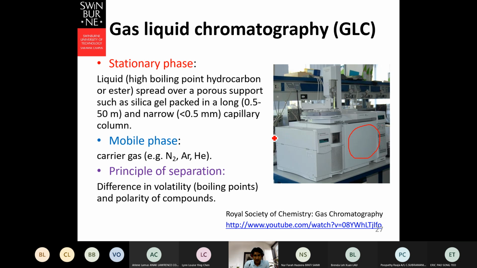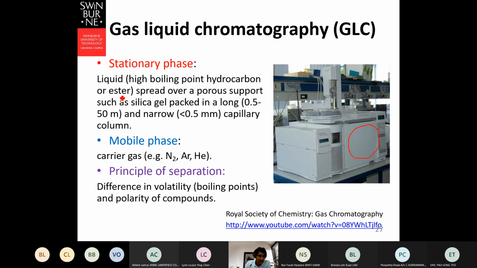Here there is a column, but that column is a capillary column. It is very thin, and it is 100 or 200 meters long. It is coiled inside there. All right.